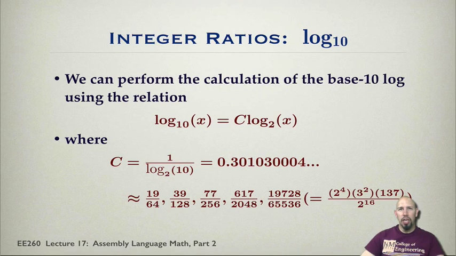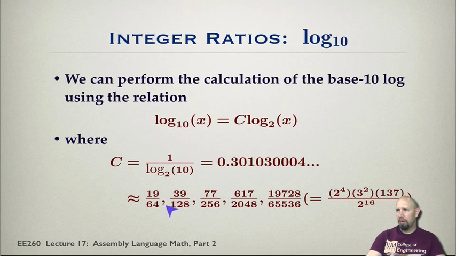Next, we move on to another common function, which is the log base 10. The log base 10 is very similar to log base e. That's one of the nice things about logs, they're all very similar. The log base 10 of a number is equal to some constant times the log base 2 of that number. The constant in this case is the log base 2 of 10, which is this number.